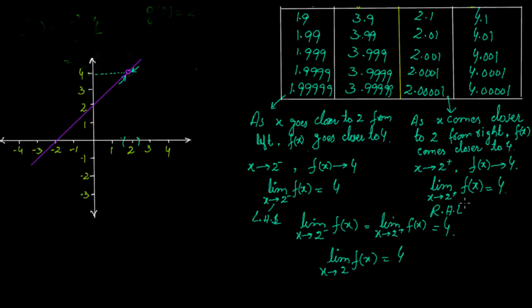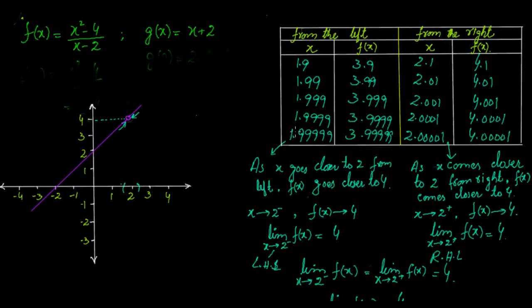Now here we note that, let me go up, here we know that f(x) was defined as x square minus 4 upon x minus 2, and f(x) was not defined at x equal to 2, but even then we defined a limit of f(x) at x equals 2. We also observed that although f(x) was not defined exactly at the point x equals 2, it was defined to the left of 2 and to the right of 2 at all the points.